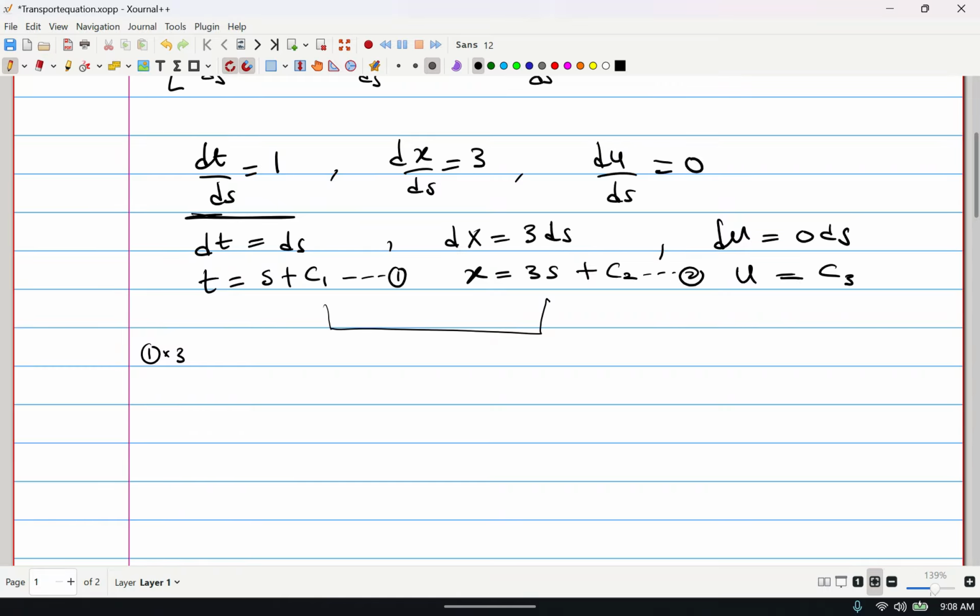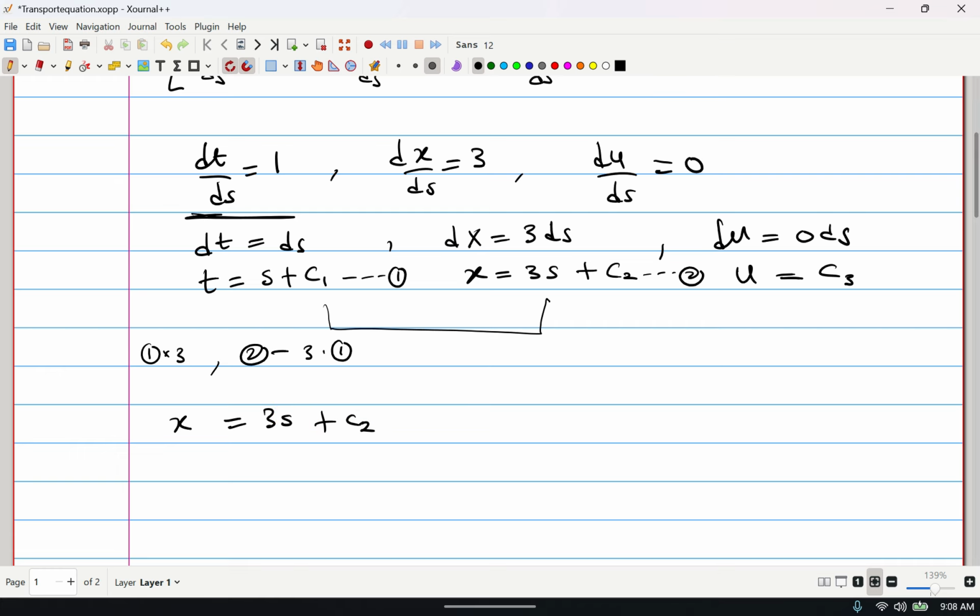If I multiply equation 1 by 3 and then do equation 2 minus 3 times equation 1: 3 times equation 1 is 3t equals 3s plus 3 c1, and equation 2 is x equals 3s plus c2.